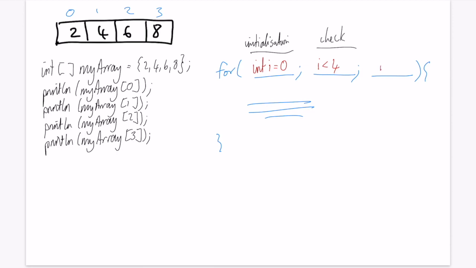And I'm going to increase my number by 1. That's going to be my increment, or my count. Now, i++ is exactly the same as i equals i plus 1. I can use both of them interchangeably. Plus plus is just a shorthand version to speed things up a little.